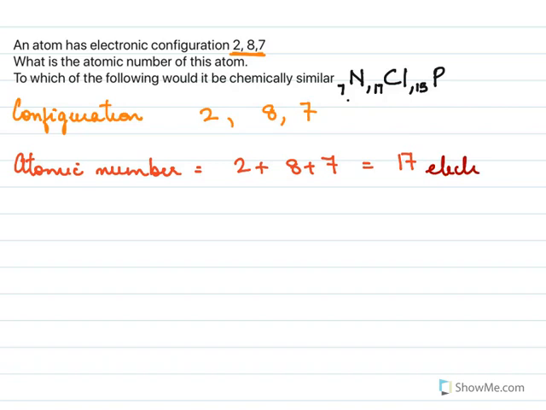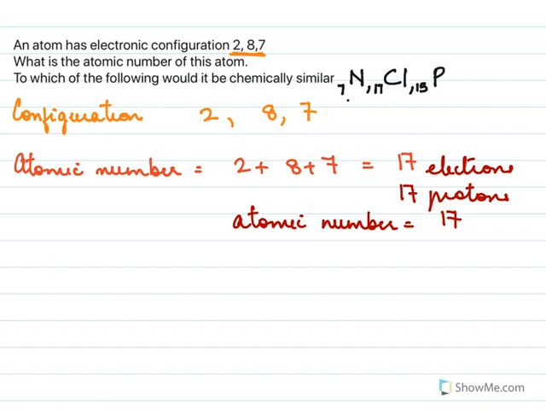So you have 17 electrons, which means 17 protons also. Electrons equal protons. So atomic number is protons, which is equal to 17.